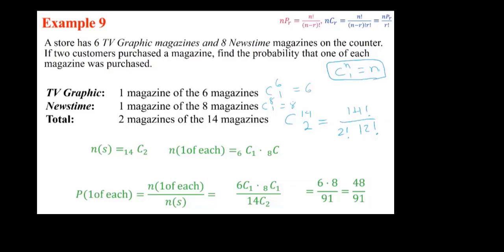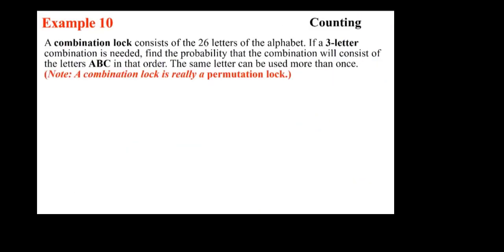We're going to go to the next example. A combination lock consists of the 26 letters of the alphabet. If a 3-letter combination is needed, find the probability that the combination will consist of letters A, B, C in that order. The same letter can be used more than once. When you make up a password, a code, you understand that ABC again is not the same as BAC.